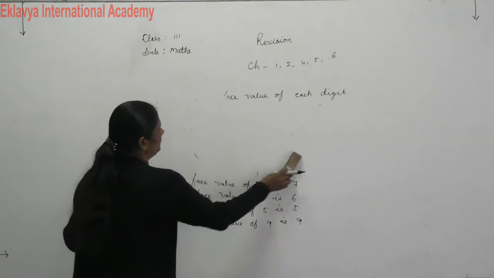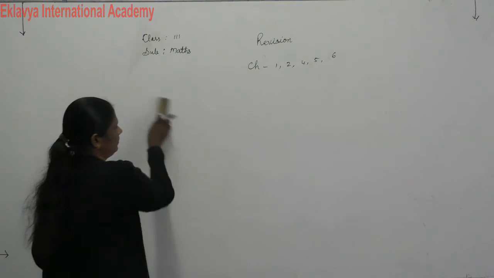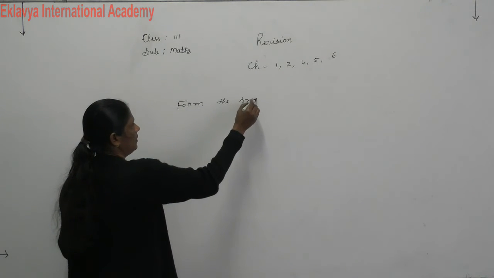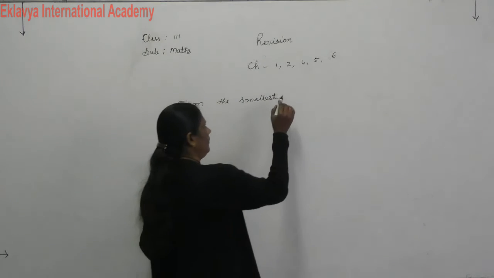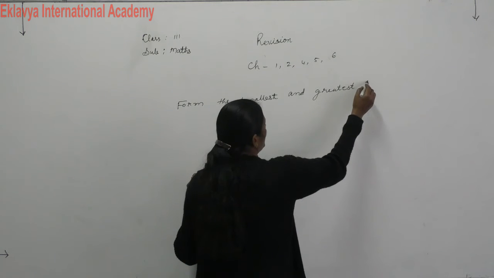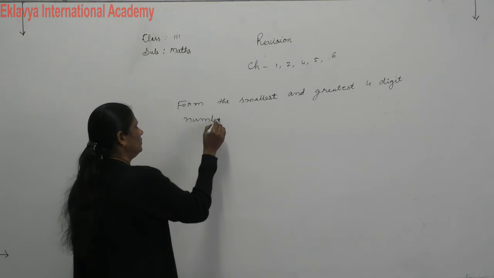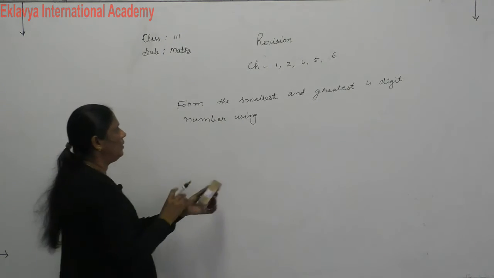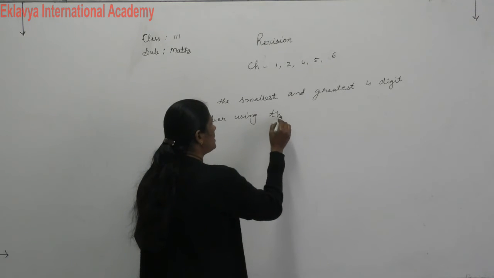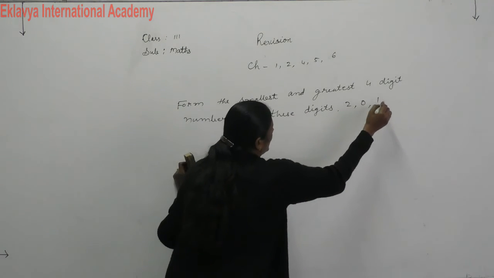Next, form the smallest and greatest 4-digit number using these digits: 2, 1, 4.